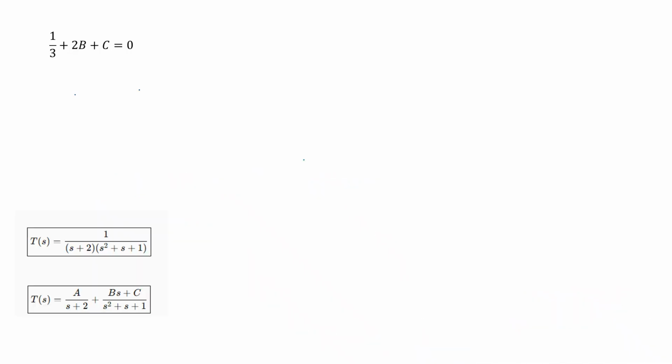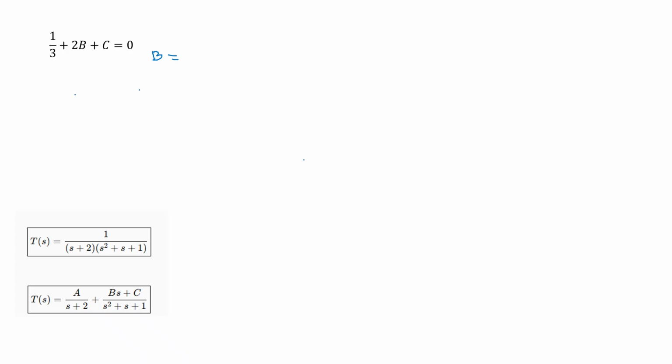Now that we have found out the value of b, which is equal to minus 1 by 3, we can substitute this in the equation for s raised to 1, because the other side s raised to 1 is equal to 0.